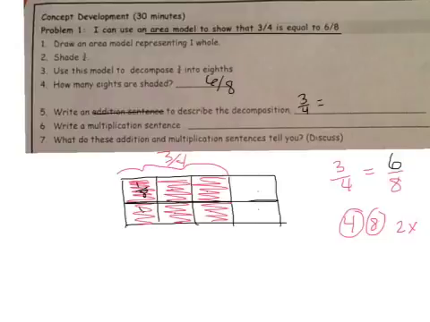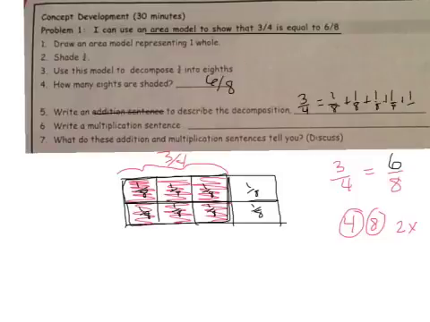Now to write an addition sentence to describe this decomposition, I'm going to show 3/4 is equivalent to how many eighths? Well, to show that, I'm going to write in my 1/8 in here. Now, these are all worth 1/8, but I only want the shaded 1/8 part, which is showing what the 3/4 is equal to. So I'm going to do 1/8 plus 1/8 plus 1/8 plus 1/8 plus 1/8. 1, 2, 3, 4. I'm going to have to squeeze it in here.